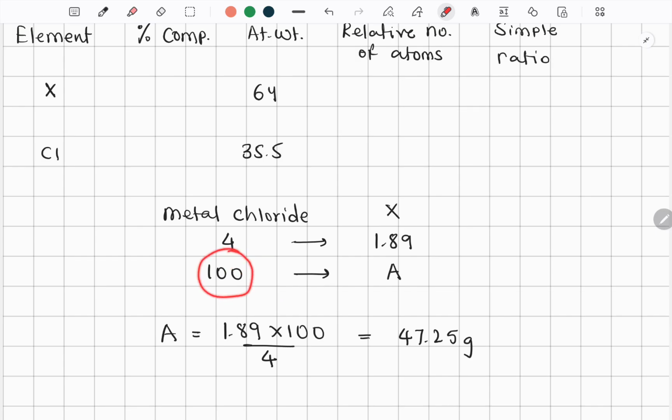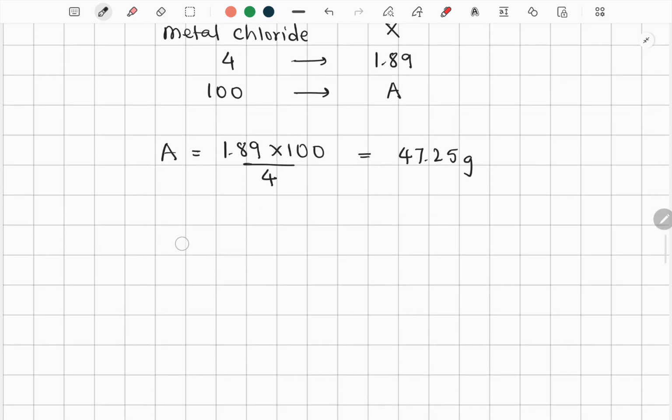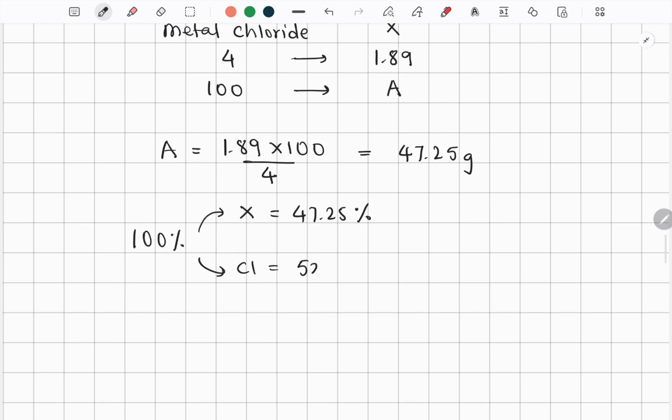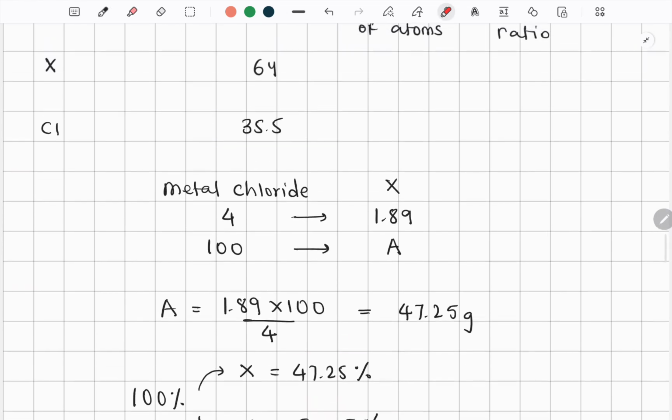Out of 100 gram of metal chloride, 47.25 gram is metal X, so out of 100%, our metal X is 47.25%. Since there are only two elements, metal and chlorine, the chlorine is 52.75%.